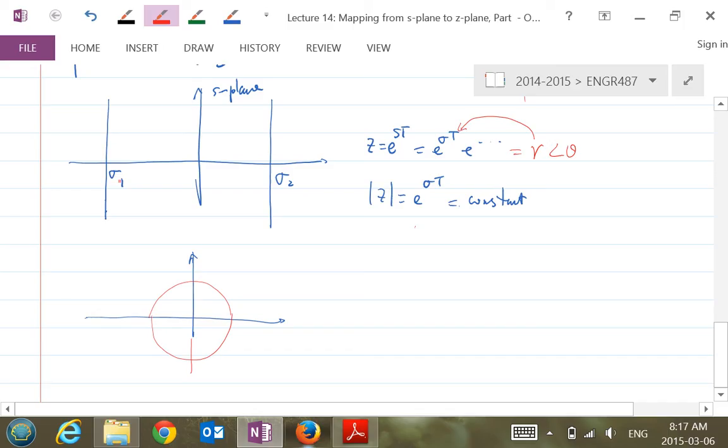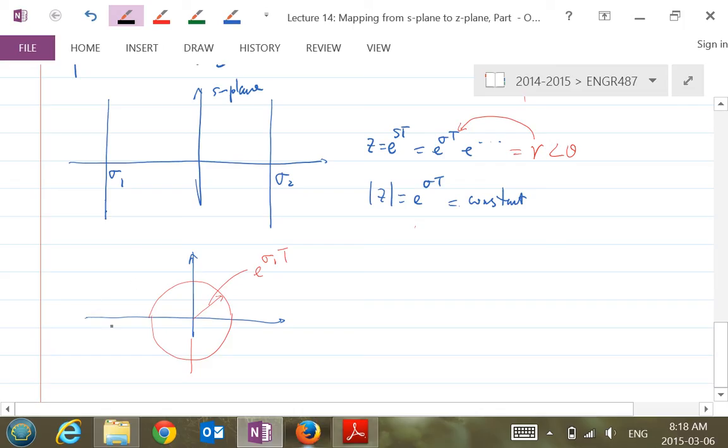So for this one here, maybe the radius is e to the power sigma 1 T. If we want to be a little bit picky, if this is e to the power sigma 1 T, where do you think e to the power of sigma 2 T would be? Would the circle be within this one, or would that be outside this one?